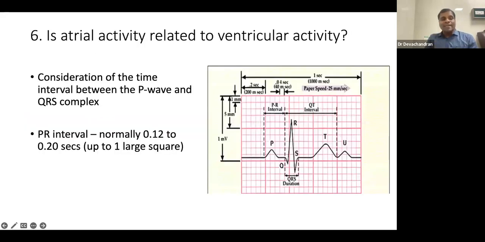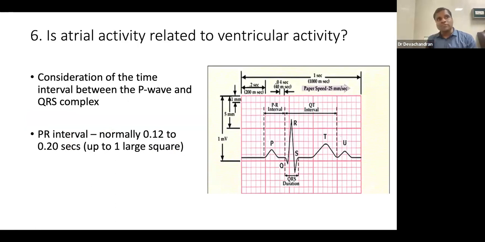Okay. Final question, is the atrial activity clearly linked to ventricular activity? So if you remember your anatomy, impulse originates in the sinus node, it goes to the AV node, and then from there it goes to the ventricles. So P wave is the wave that comes first because that indicates the atrial electrical activity followed by atrial contraction.